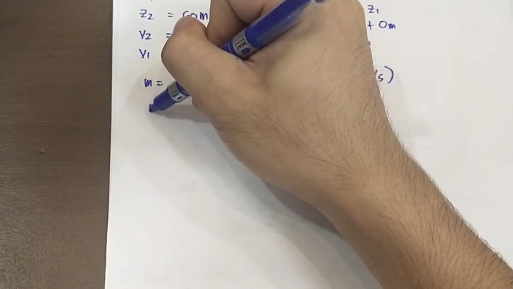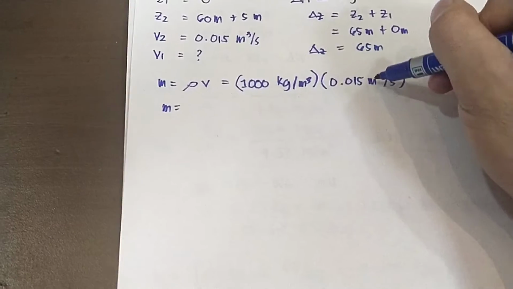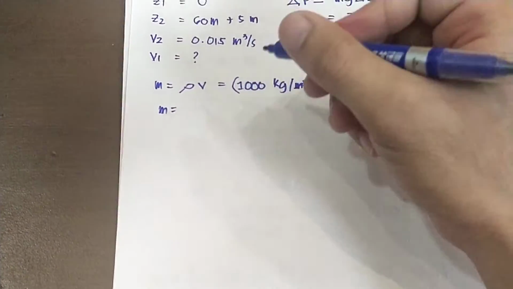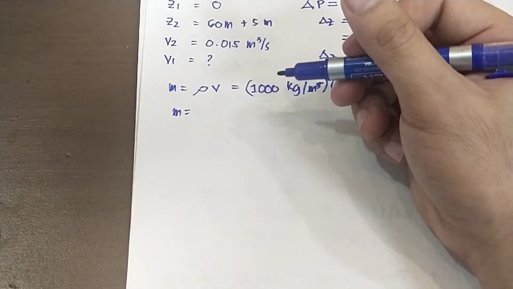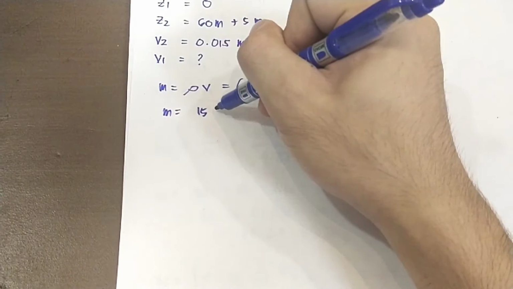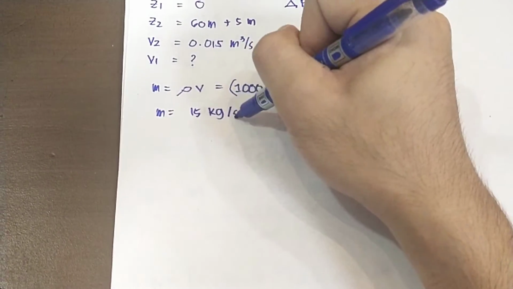Cancel the cubic meters, so our mass is 15 kilograms per second.